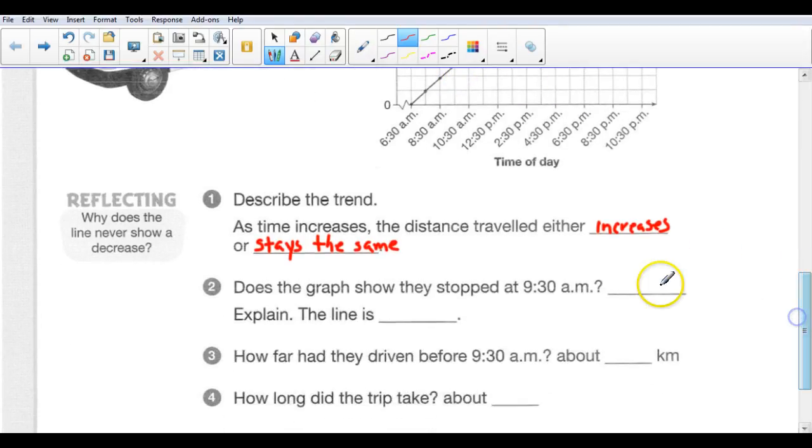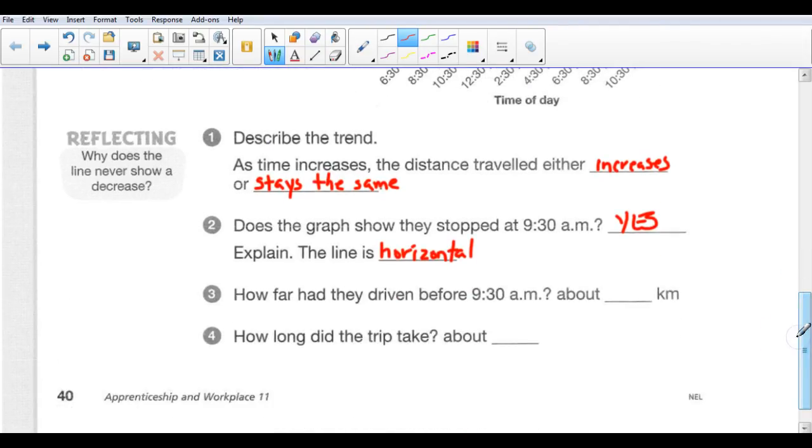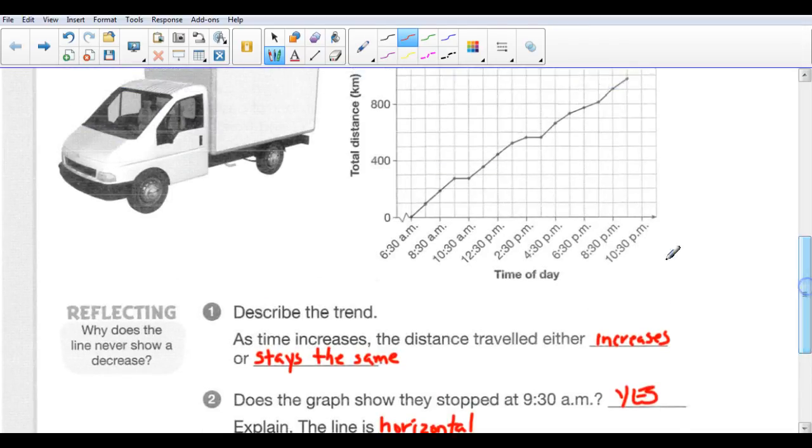So does the graph show they stopped at 9:30? The answer is yes. Explain. Well, because the line is horizontal. It has not increased, indicating that they did not travel more kilometers. How far had they driven before 9:30 a.m.? We know that 9:30 a.m. is right here.